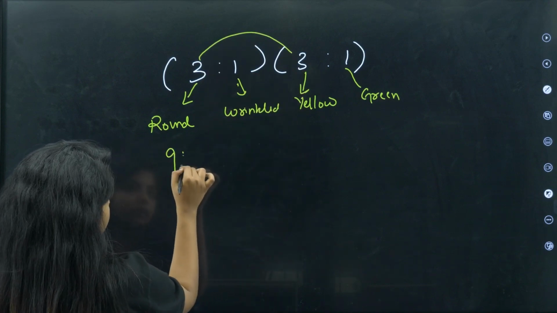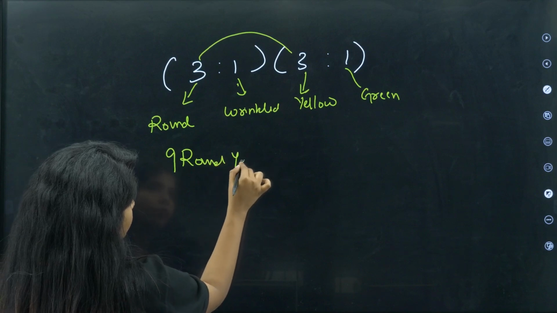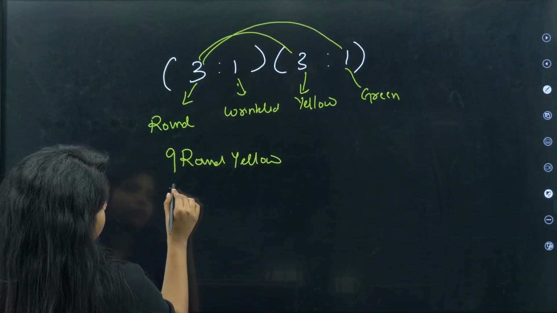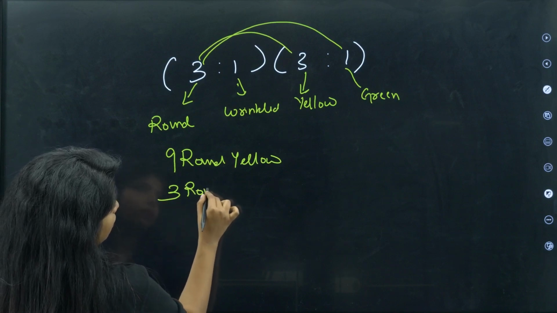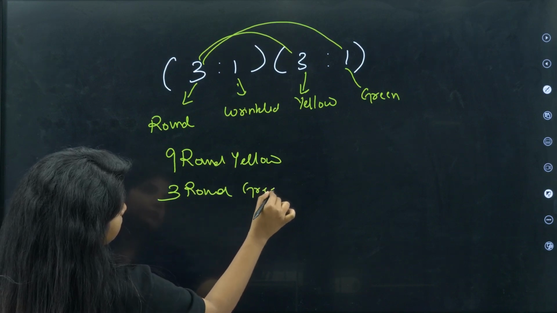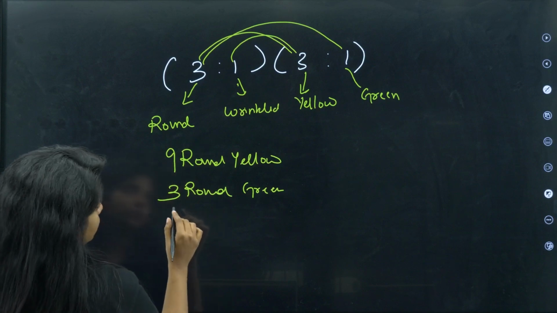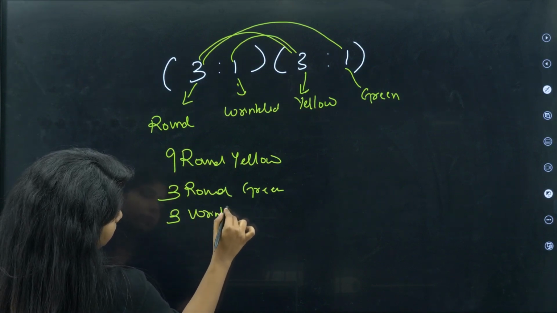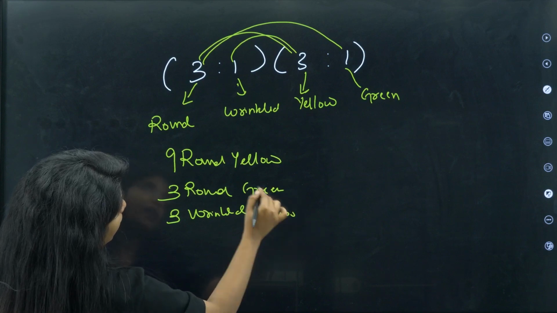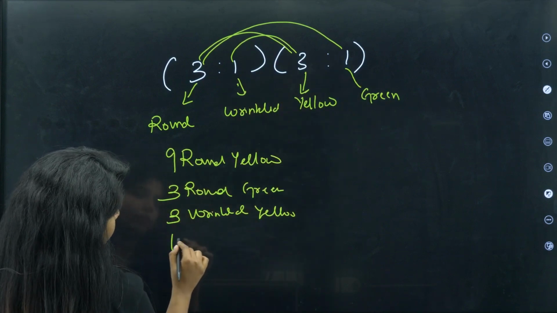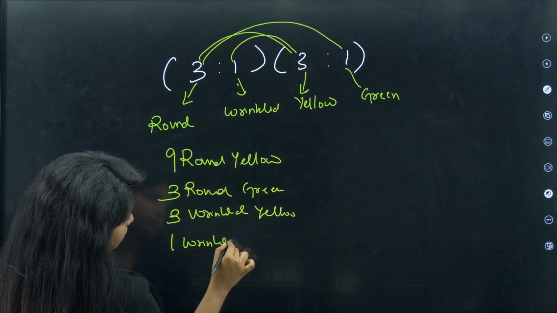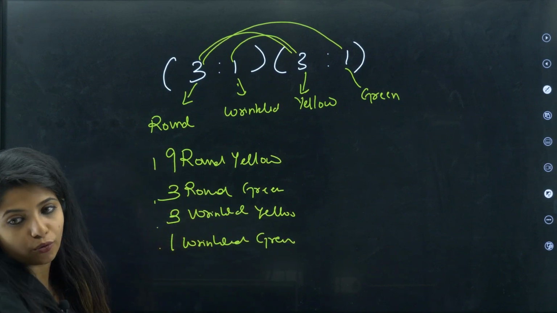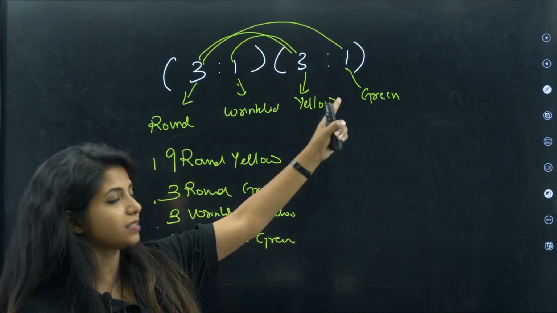So we have 9 round yellow. 3 into 1, we have 3 round green. Now 1 into 3, so we have 3 wrinkled yellow, and then 1 into 1, we have 1 wrinkled green. So 9:3:3:1 ratio, phenotypic ratio you can get by this equation.